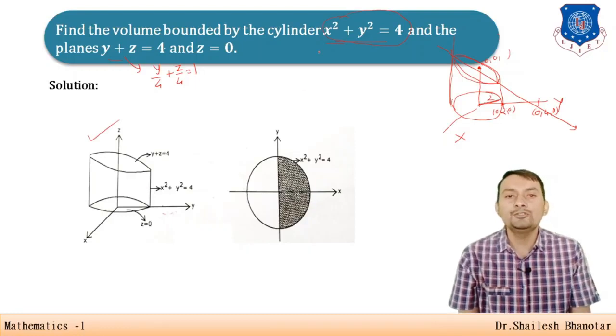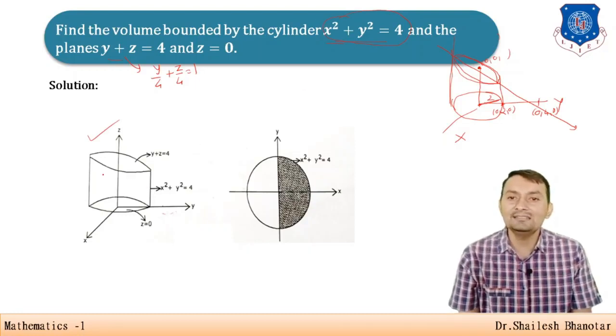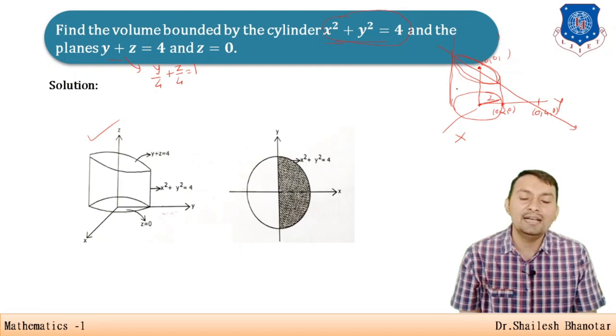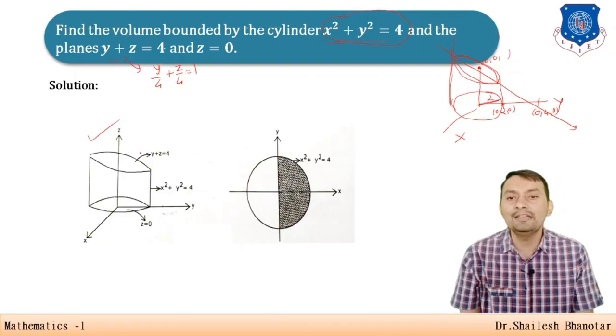So whenever you draw the cylinder first and then take the plane, it is now clear that the intersection of the cylinder and the plane y plus z equals 4 looks like this figure. But z equals 0, so this is the lower part, the xy plane is nothing but z equals 0.